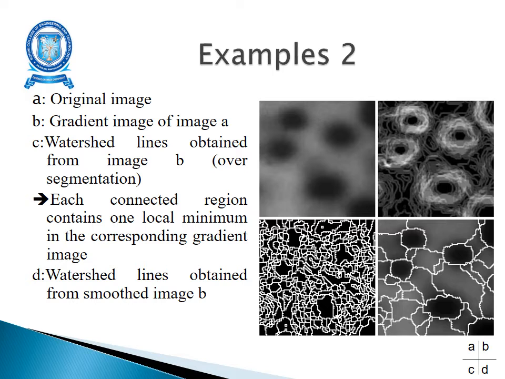In B, we are calculating the gradient of an image, and C shows the watershed lines obtained from image B, which is over-segmentation. Here I am going to find the connected regions that have one local minimum in the corresponding gradient image, and D shows the watershed lines obtained from the smoothed image B. Okay, so these are the 4 steps, A, B, C, D, which are mentioned on the right side.